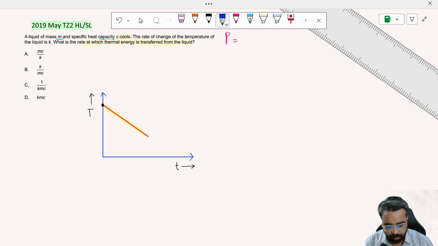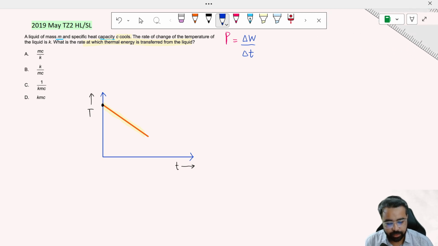Now, power, we know, is the rate at which work is done. And for thermal physics, we know that this work is equal to the change in thermal energy. It can be the gain in thermal energy, or it can be the thermal energy that you are taking out of the system. In both of these scenarios, the work done is equal to the change in thermal energy.